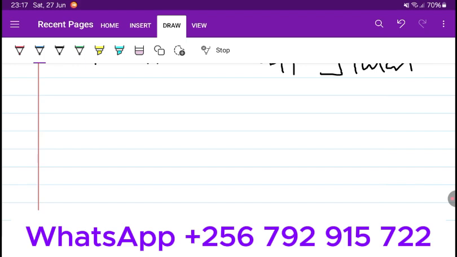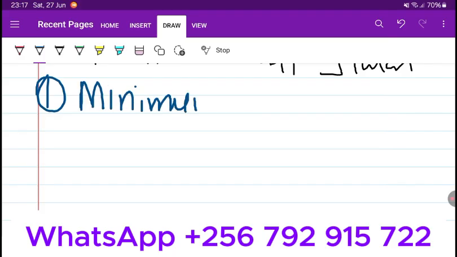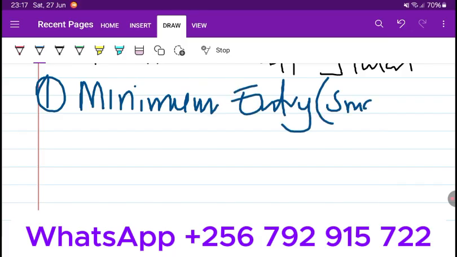As I said, there are 5 values that you need to know. The first value is called the minimum entry, and this is the smallest value.